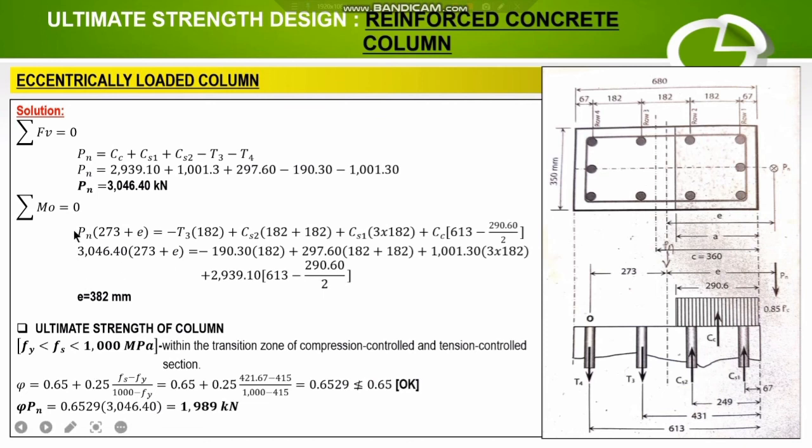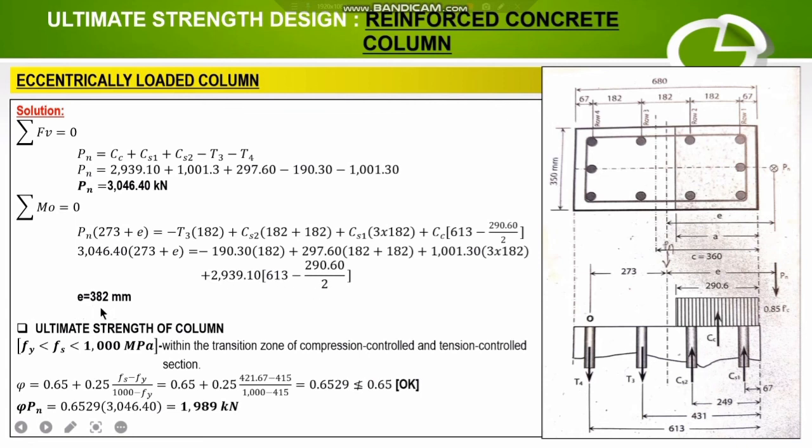So plugging in the values of Pn and all the values of the forces that we have solved already, 3046.40 times the quantity 273 plus e is equal to negative 190.30 times 182 plus 297.60 times 182 plus 182 plus 1001.30 times 3 times 182 plus 2939.10 times 613 minus 290.6 all over 2.